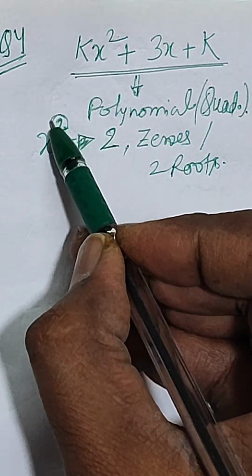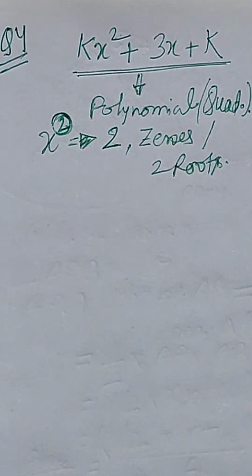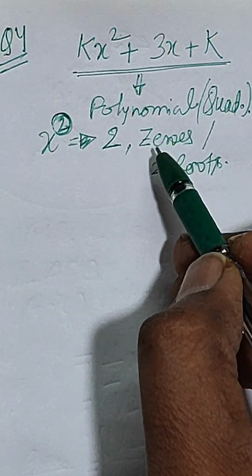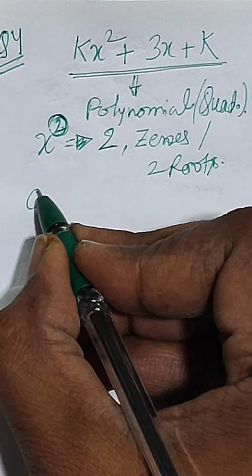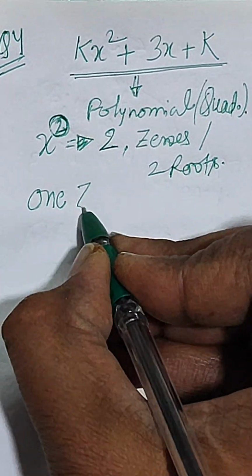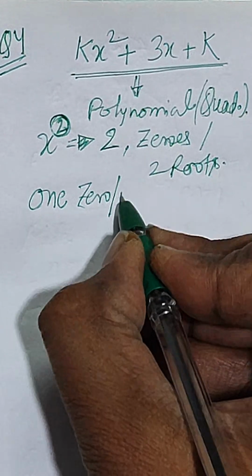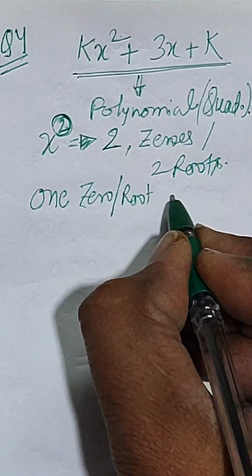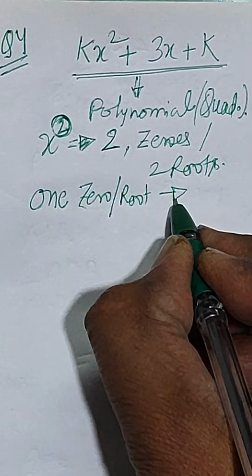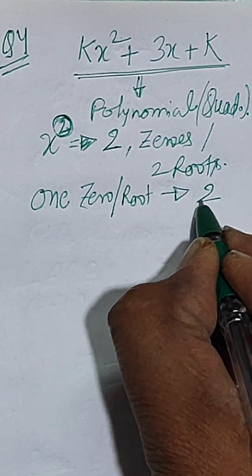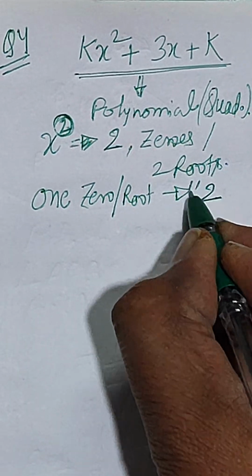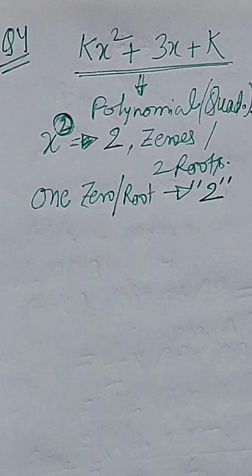This 2 reflects this, right? Now if one of the zeros, and roots are same, right? If one zero given to you is 2, right?